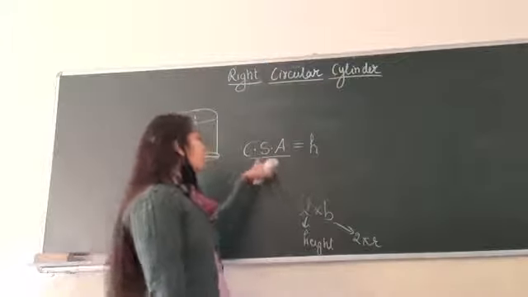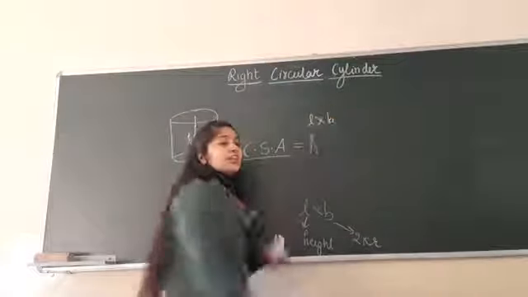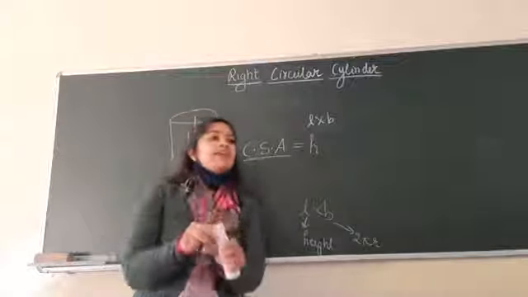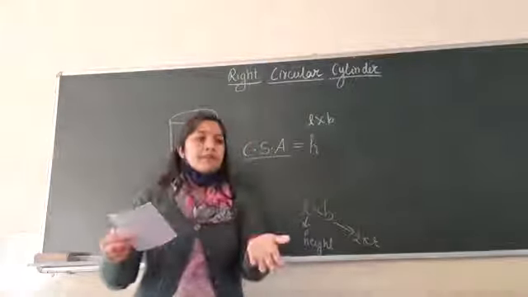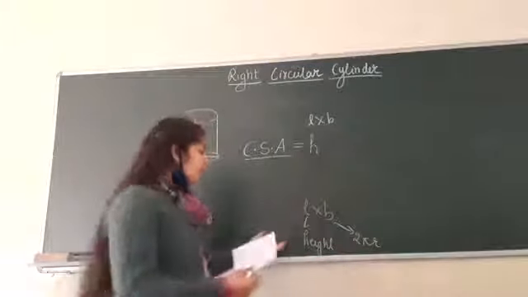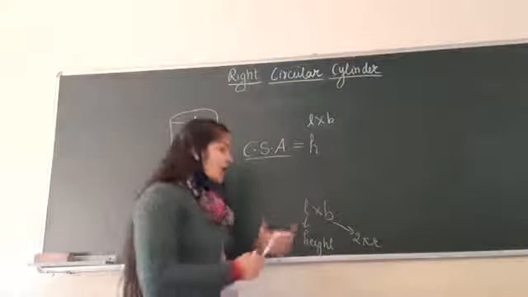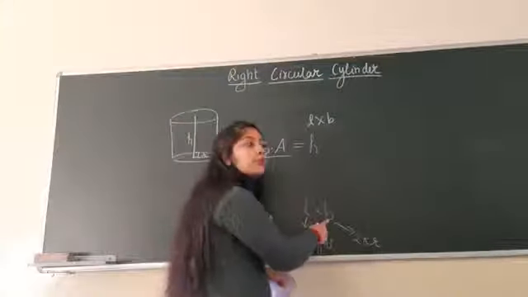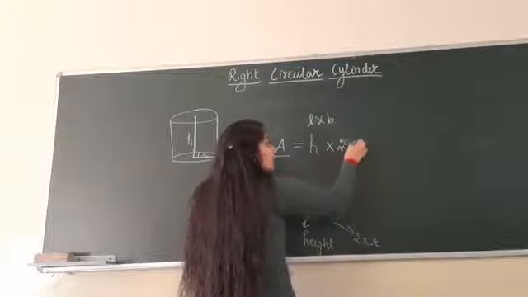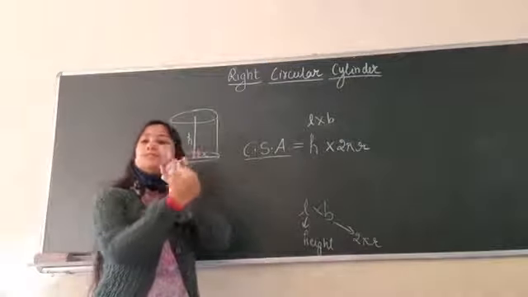So we will not write curved surface area as L into B, saying that ma'am told us to cut the cylinder, open it like this and it will become a rectangle, so area is L into B. We will not do like this. We will write the formula as H in place of length, and in place of breadth, we will write 2 pi r, where r is the radius of this circle.